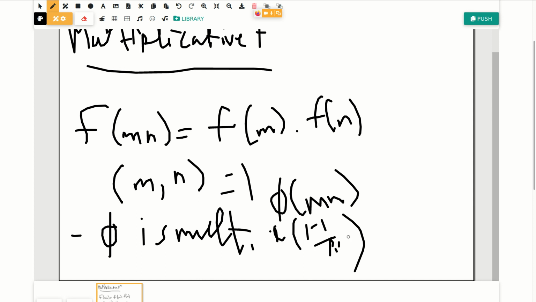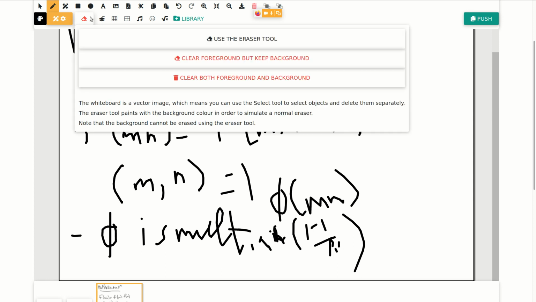So eventually that would turn out to be the pi's present in mn, times m times n. That turns out to be mn times the product over all the pi's in mn. Did everyone get this? I think everyone got it.